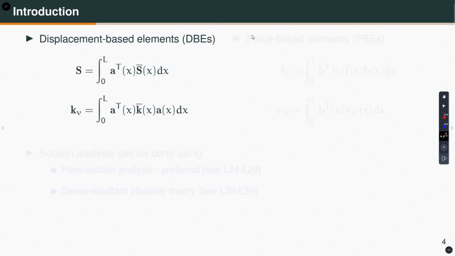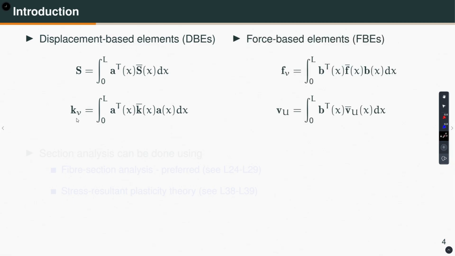As I was saying, in the displacement based element, we have to evaluate this integration. S bar x is the section force vector, and A transpose x, A x is the matrix of shape functions. This is the element end force vector, and this is the element tangent stiffness matrix for the displacement based element.